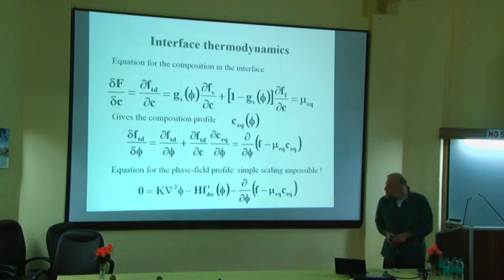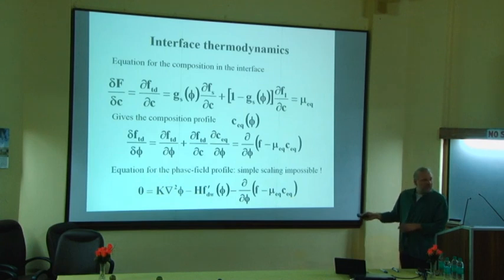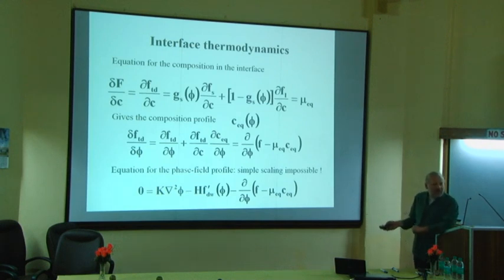Because if this is the case, then the last term is 0, and then I'm back to my simple interface equation that I like. Okay? So the construction of a good alloy phase field model has to ensure that the interfaces are such that this function is a constant. Okay?